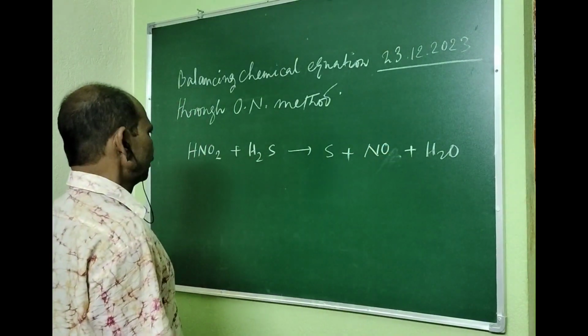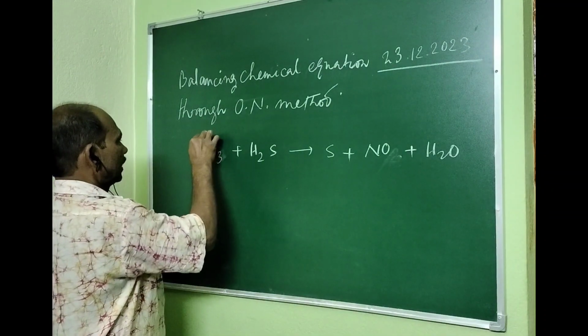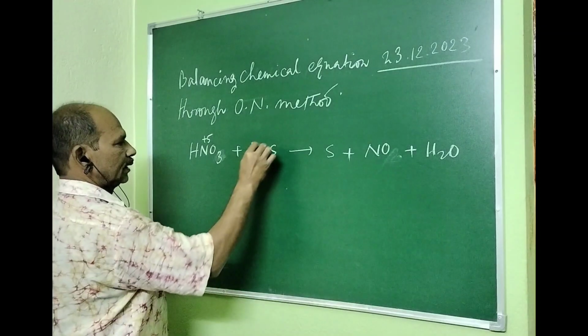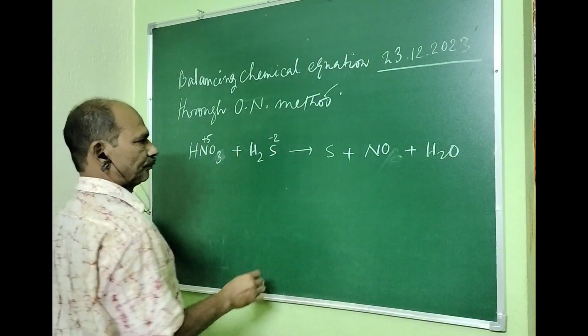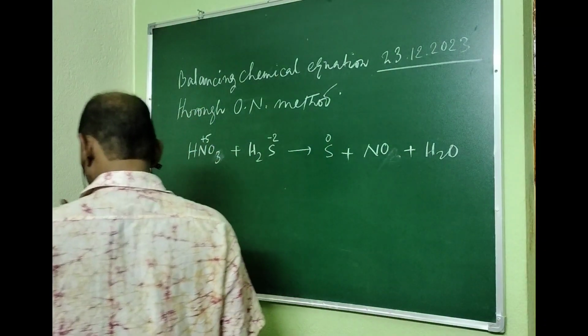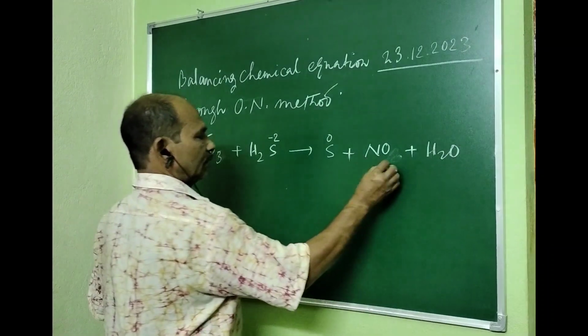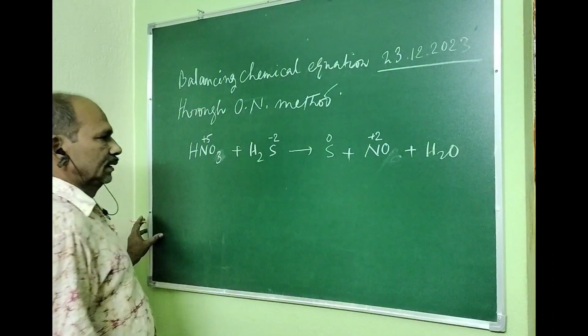In this reaction, you see the oxidation number of nitrogen in nitric acid is +5, whereas that of sulfur in H2S is -2. Sulfur here is in the elemental condition, hence it is 0, and in nitric oxide, nitrogen is in +2 oxidation state.